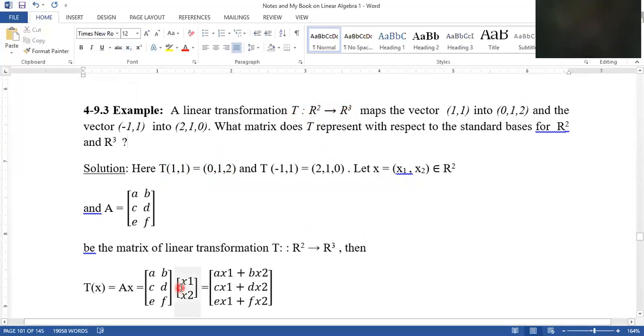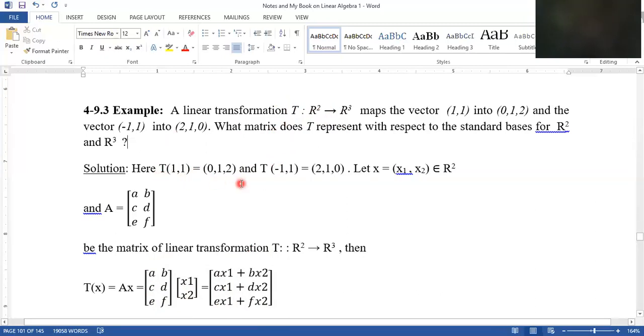In this case, we take one general matrix of 3 cross 2, and we multiply it with the domain element, that is (x1, x2), and we have to find the a, b, c, d values in order to exactly predict the matrix of the linear transformation corresponding to this T.